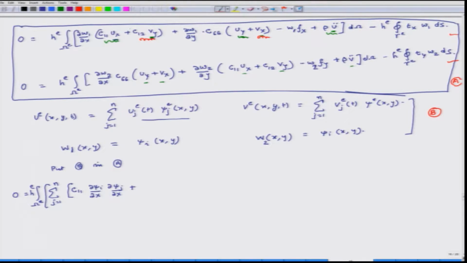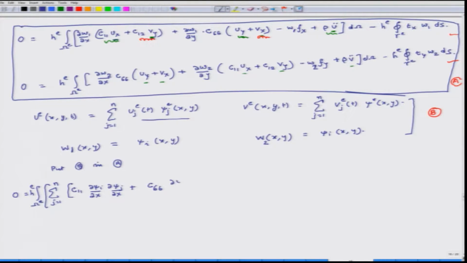So, C11 Ux corresponds to C11 times del psi j over del x, and that is multiplied by W1, which is del psi I over del x. Plus the other term is coming from C66, multiplied by del W1 over del y.